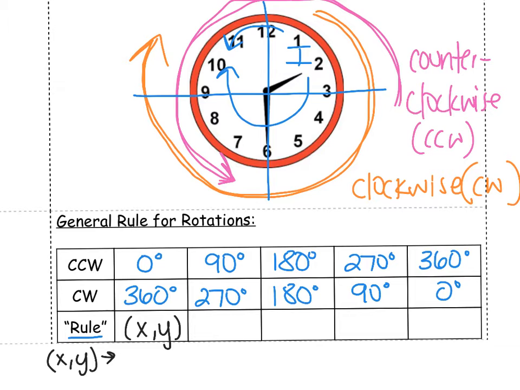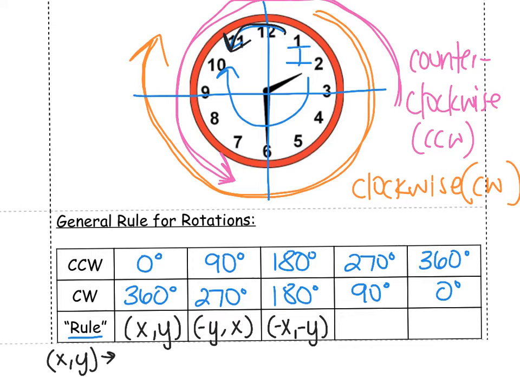When we rotate 90 degrees counterclockwise, my rule is it's opposite of y, x. So notice not only do my x and y numbers flip location, but y will also become opposite in that case. For a 180-degree rotation either way, it's very simple. Your x will become opposite, y will become opposite.